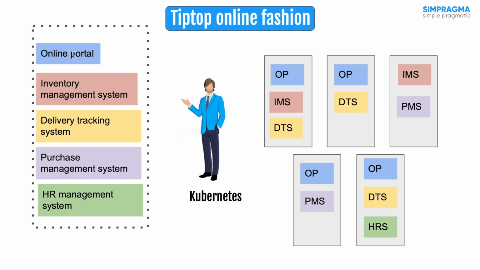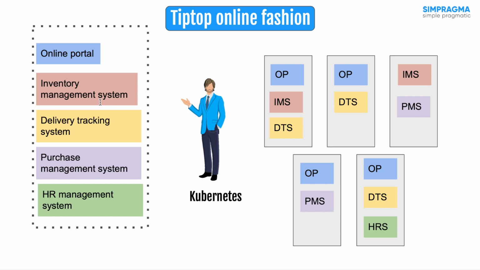Since the number of users of the online web portal is larger, we choose to make 4 copies of the online portal. There are 5 servers available for us, and Kubernetes, as a manager, chooses 4 servers to put 4 instances of the online portal.